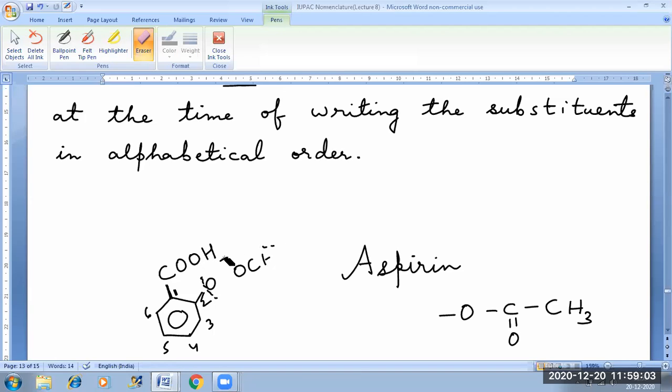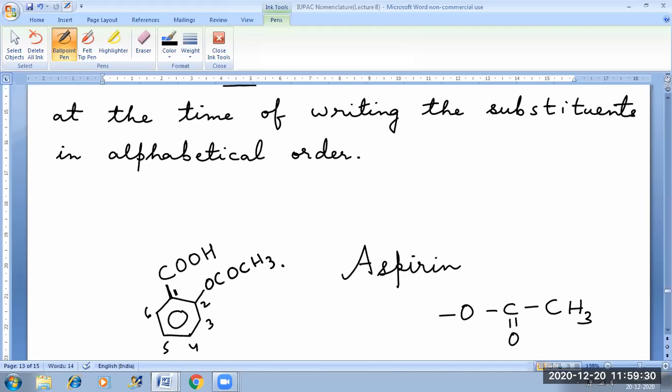Right? So if I want to write down the IUPAC name of this compound, then how will I write? The numbering will be done in this manner. Why? Because the principal functional group is carboxylic acid, COOH. So this is how I will number 1, 2, 3, 4, 5, 6.